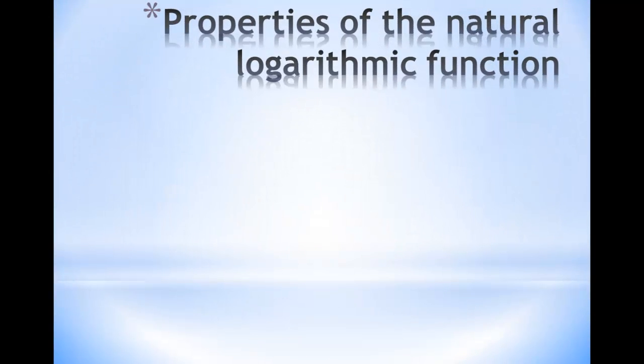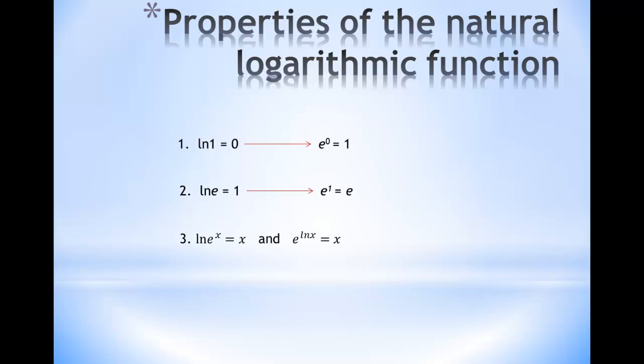Let's look at some properties of the natural logarithmic function. Ln of 1 is equal to 0, which means that e to the 0 is 1, which we know. These are very similar to the ones we did for a regular logarithm of base a. Ln of e is equal to 1, which means that e to the first power is simply equal to e. We know these are true because of inverse properties.